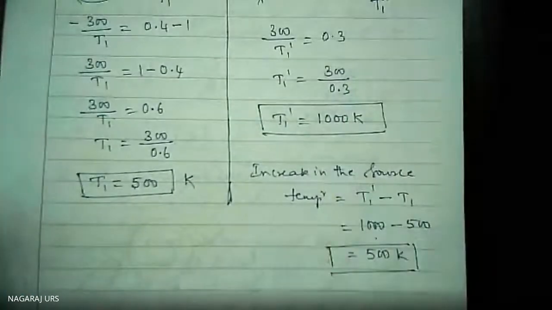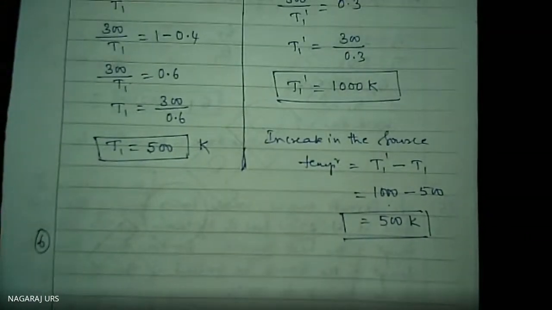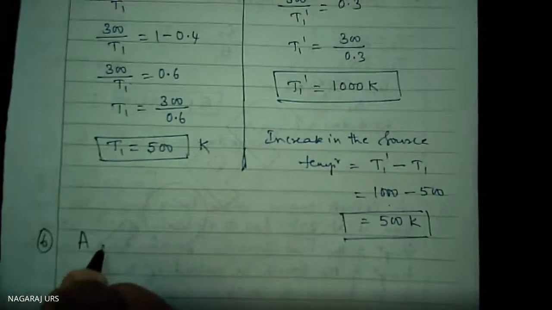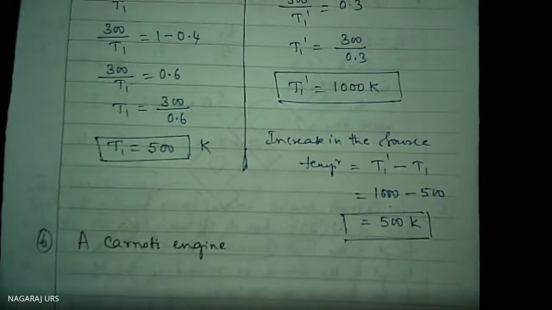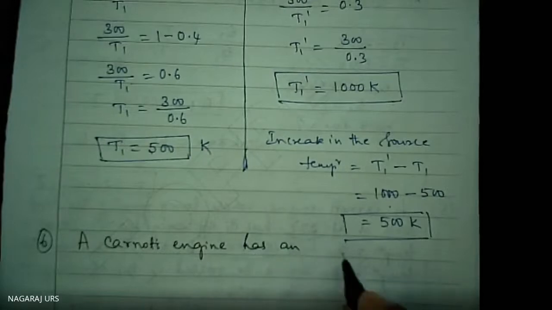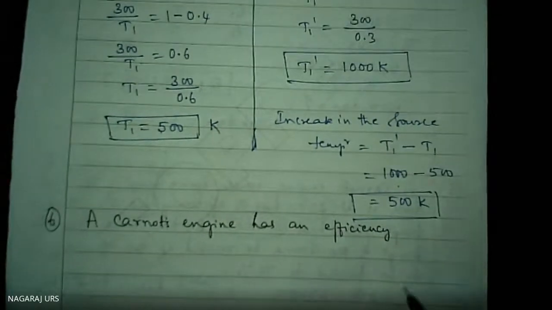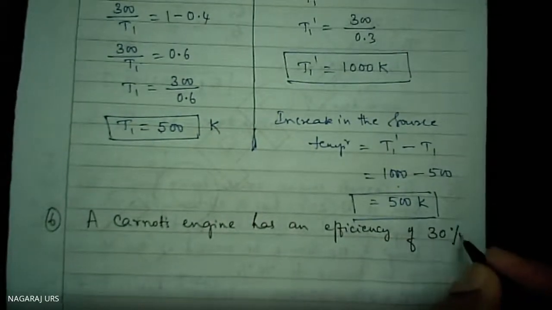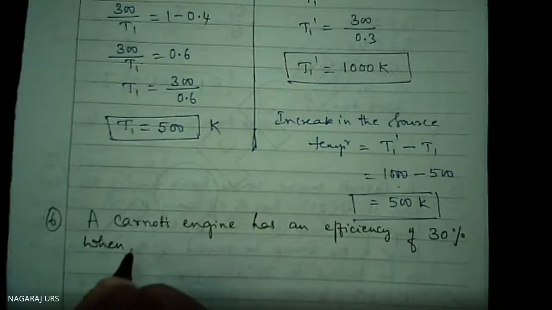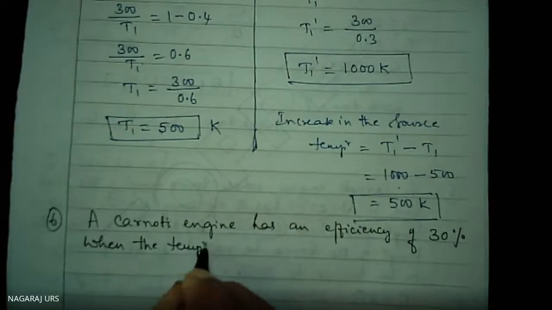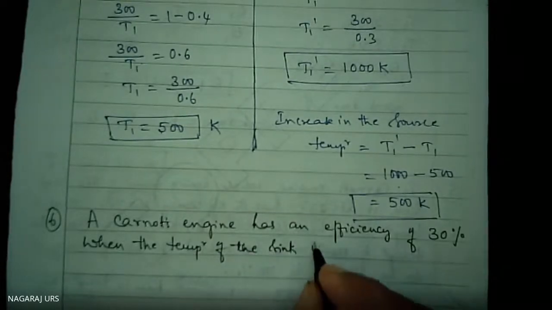Fifth problem is over. Problem number 6. A Carnot engine has an efficiency of 30% when the temperature of the sink is 27 degree.